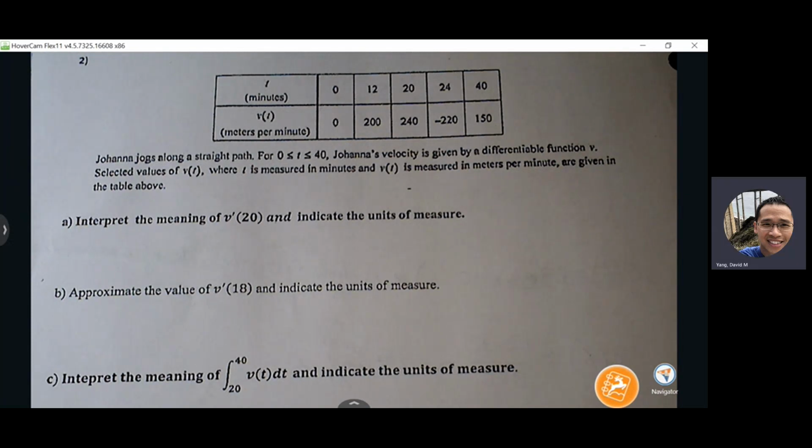Another word for, what does that mean? Down. Yeah, so she's running along a straight path, right? She obviously has to turn around and she's backtracking, right? So she's running towards where she started. So that negative 220 means that she's backtracking along that straight path. But then by the 40th minute, she must have turned around somewhere along that time frame, and she's back running in the forward direction.